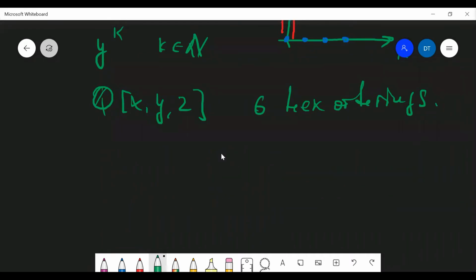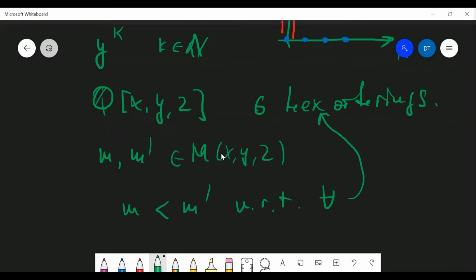Could you give me an example of two monomials m and m prime in three variables, such that m is strictly smaller than m prime with respect to every lexicographical ordering here? I mean, an example of two monomials such that one is strictly smaller than the other for every ordering.